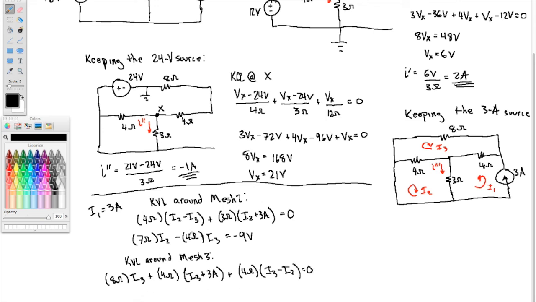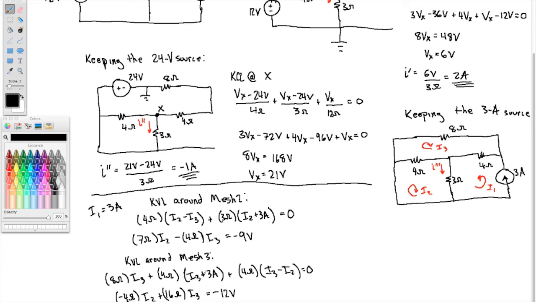Combine like terms, put it in the same form as this one. So how many I2s do I have? Just the minus 4 ohms I2. I3, I have 4, and 4 is 8, and another 8 is 16. 16 ohms I3, and then the constant term is minus 12 volts.